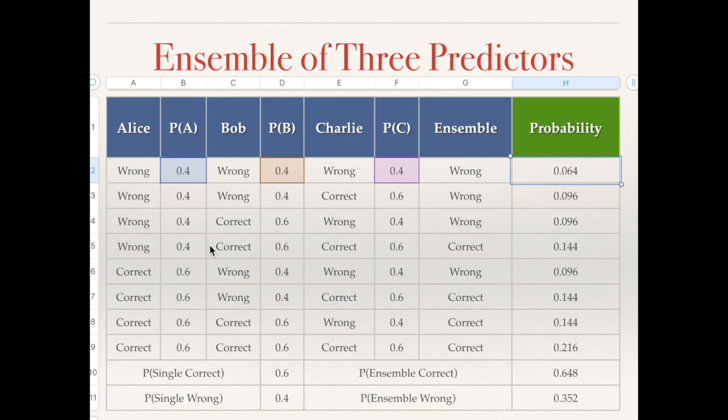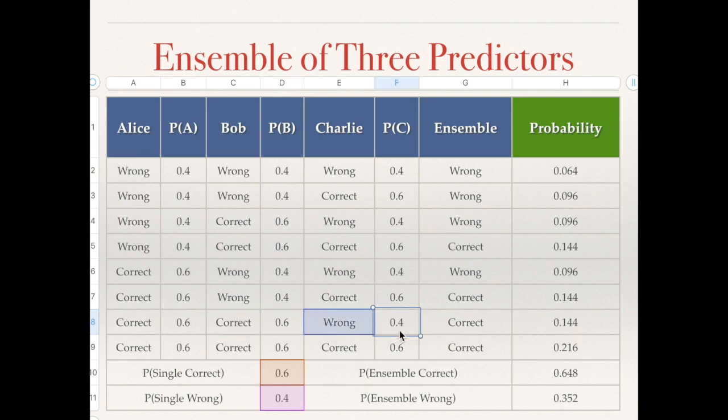And have a look at another situation. In this situation, Alice is making a correct prediction, which happens with a probability 0.6. And here, Bob predicts correctly with a probability 0.6. And Charlie predicts wrong, with a probability of 0.4.